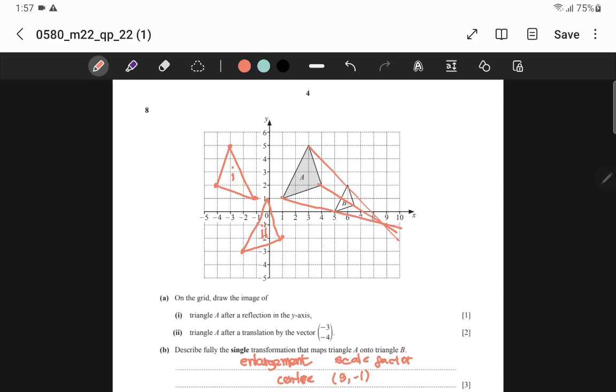Now, how do I know the scale factor? Well, I will look at, for example, this vertex and this vertex. Can you see that there are 2 parts of this? Let's say I call this 1 unit, which comes from 4 boxes horizontally and 1 box vertically.